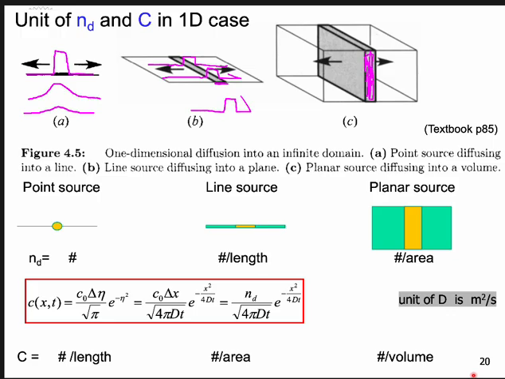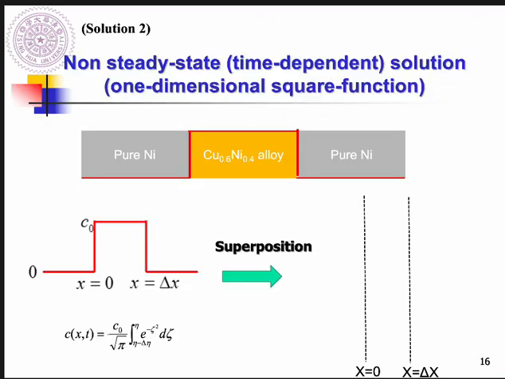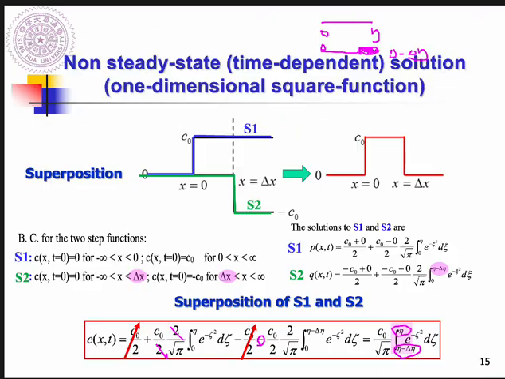Okay, so that's why we need to learn which dimensional diffusion case you have. But move back, actually for the one-dimensional square function you have, I told you that you can just superpose two step functions, right?